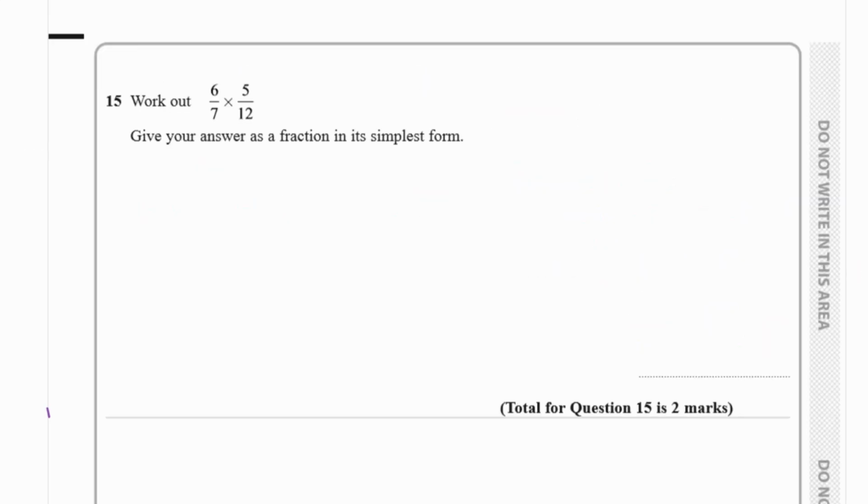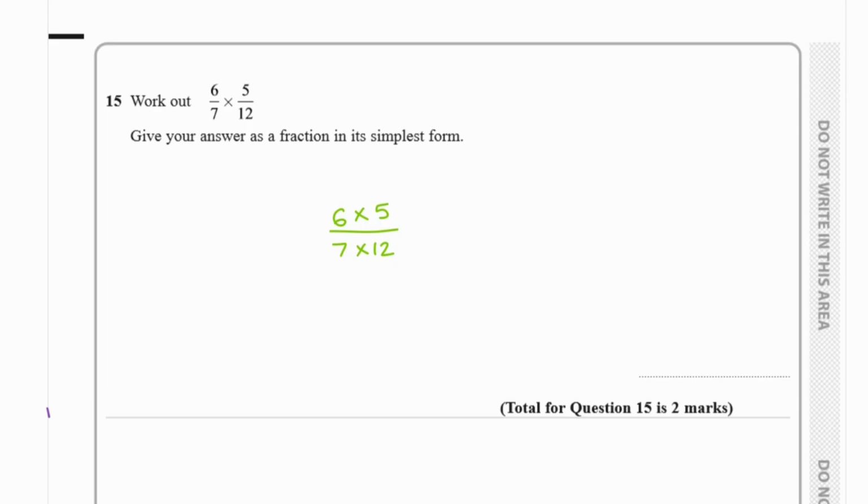Number 15. Work out 6 over 7 times 5 over 12. Give your answer as a fraction in its simplest form. In order to multiply a fraction, we would multiply the numerators by each other and the denominators by each other. And what we can do is see if we can simplify any of the numerators with any of the denominators. And as we can see, 6 and 12 have a highest common factor of 6.